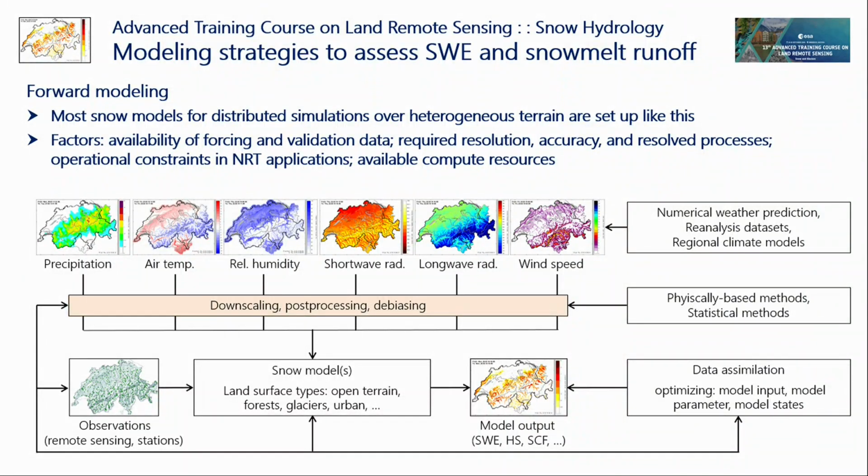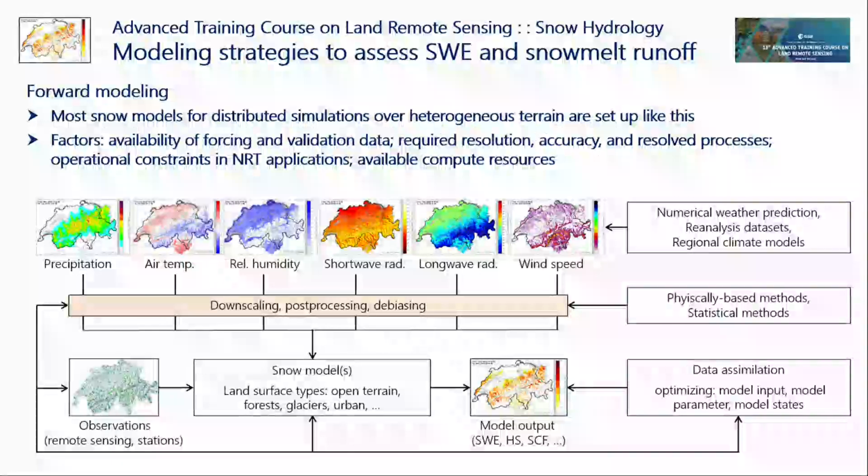And I'm talking just about distributed model, not model that just run at stations, because we're talking about hydrology, remote sensing. That's all spatially explicit information. So you have some sort of input data. They can come from numerical weather prediction, reanalysis data set, even interpolated meteorological station data is being used, regional climate model, all sorts of things.